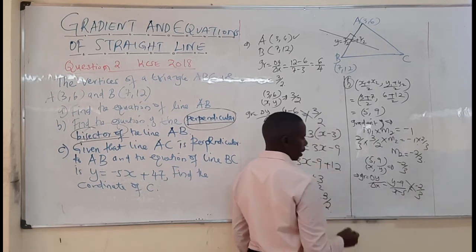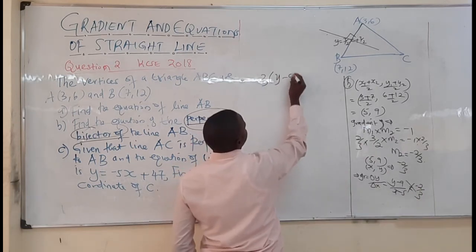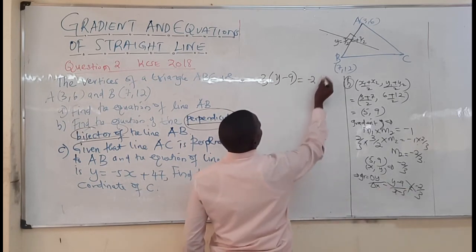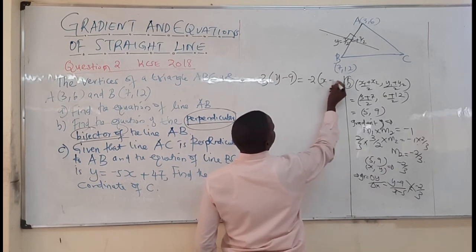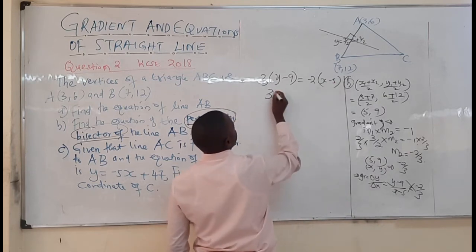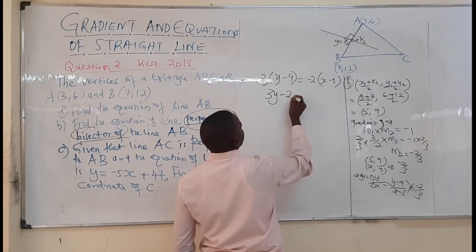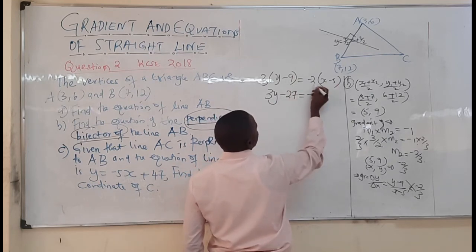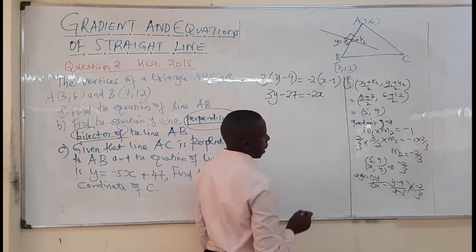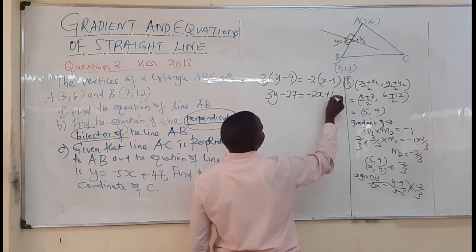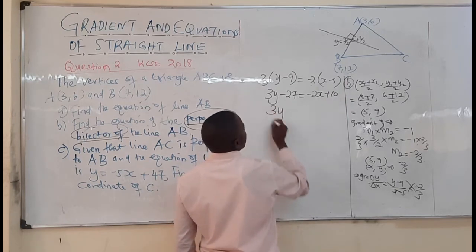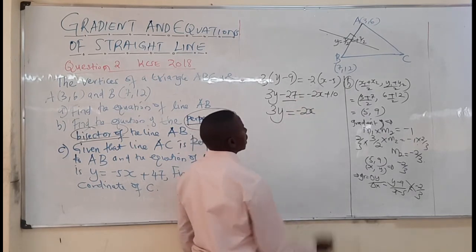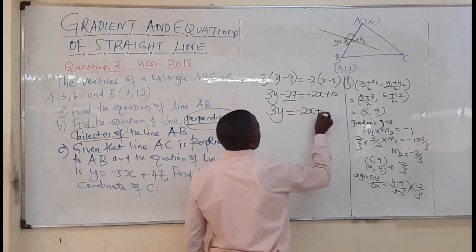We cross multiply: 3 times y minus 9 is equal to minus 2 multiplied by x minus 5. 3 times y, that is 3y. 3 times minus 9 gets minus 27 is equal to minus 2 times x, minus 2x. Minus 2 times minus 5 gets plus 10. So 3y should be equal to minus 2x minus 27, and if you take it to the other side, it's going to have plus 10.